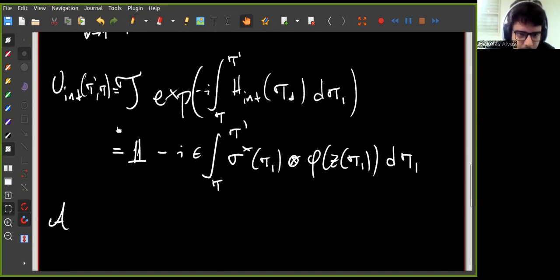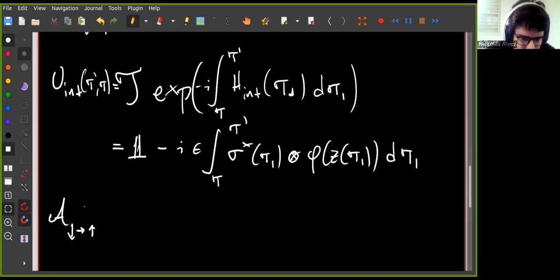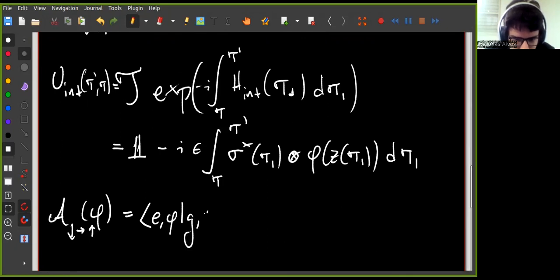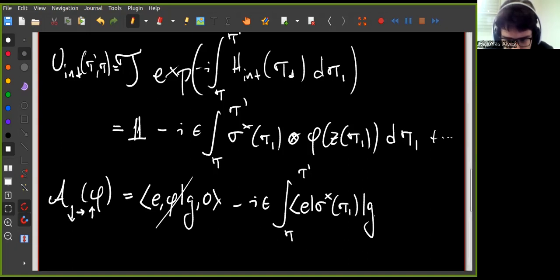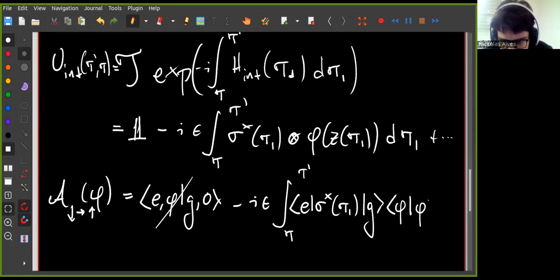Hence, the amplitude we want to compute, which is down to up at phi, it is going to be E phi G 0, which vanishes because E and G are orthogonal, minus i epsilon integral from tau to tau prime of E sigma x of tau 1 G times phi of z of tau 1, 0, d tau 1.